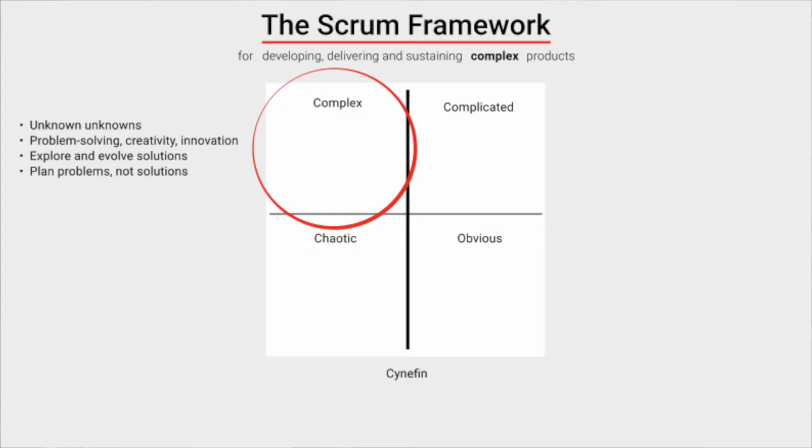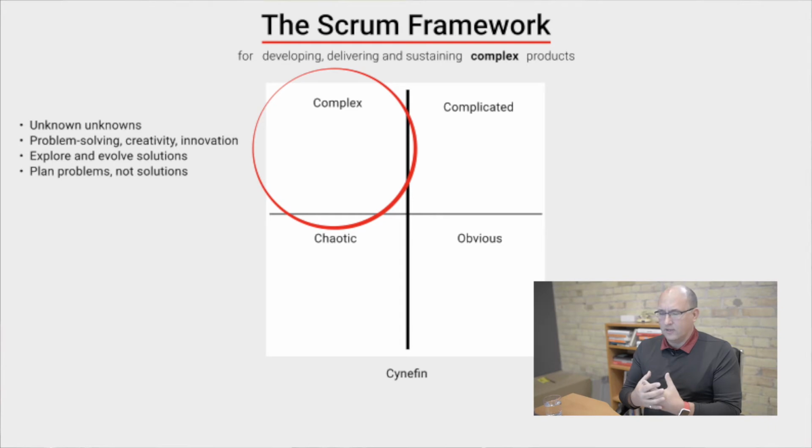Complicated are things that are built up from many obvious pieces and can be extremely large, even millions of obvious pieces. But the key thing is that a complicated problem or solution is something that you can define and determine in advance.